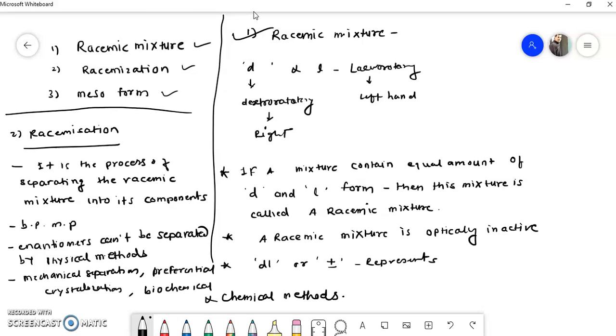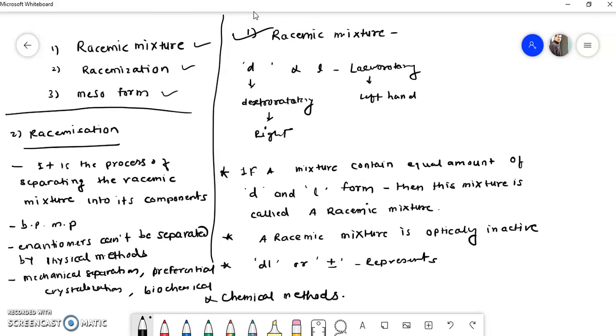I will once again summarize. Racemization is the process of separating the racemic mixture into its components, which are nothing but D and L form. It is very difficult to separate D and L form by physical methods like boiling point and melting point, because they have the same physical properties. Also it is very difficult to separate enantiomers by fractional crystallization, fractional distillation, and even by chromatography.